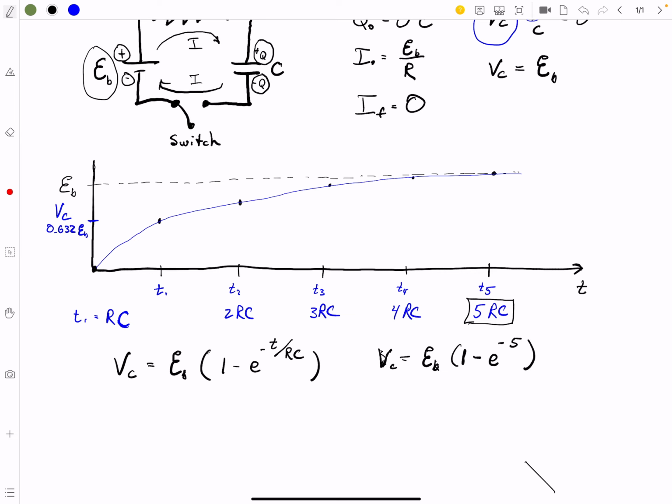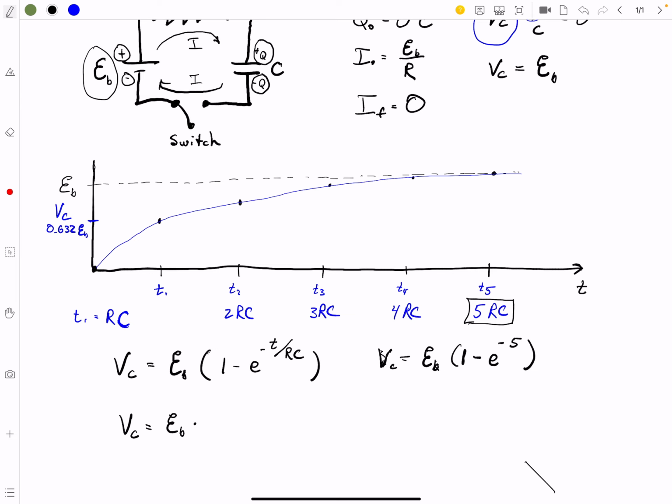So now all we have to do is a little math and figure out what that equals. It's going to equal this times something: 1 minus e to the minus 5. All right, let's do it. Minus 5, enter e to that, make it negative and add 1 to it.